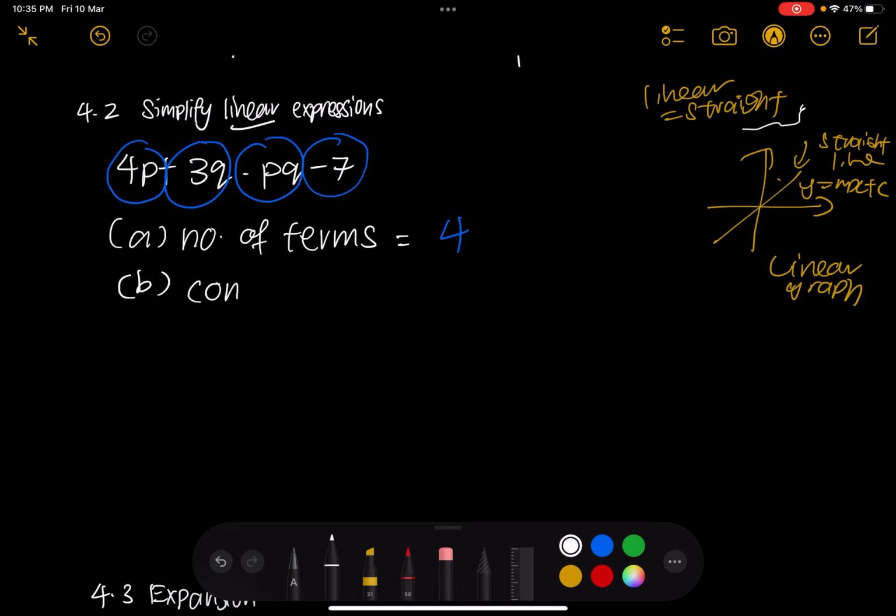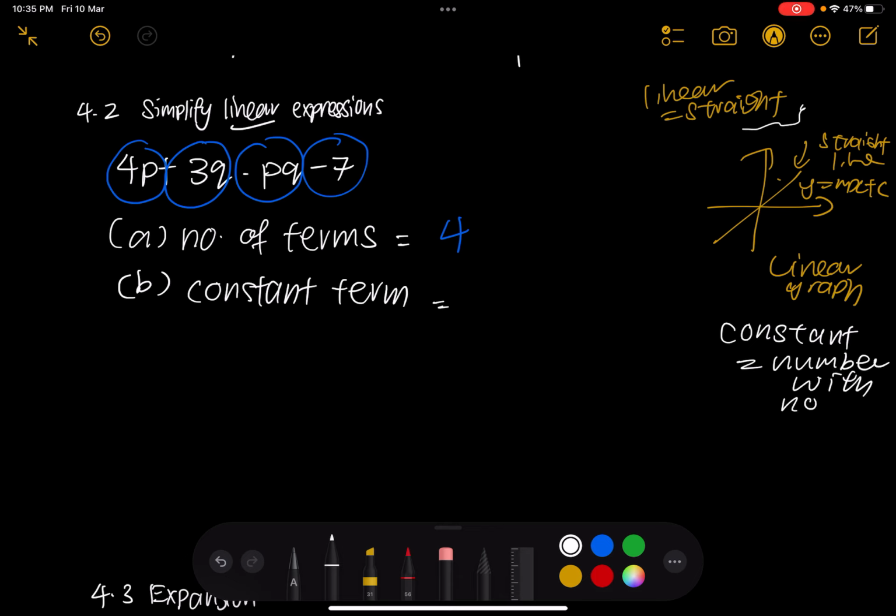Next question, the constant term. So what do I mean by a constant? A constant is a number with no unknown. What do I mean by that? This is not a constant. Why? Because 3x, this is unknown.